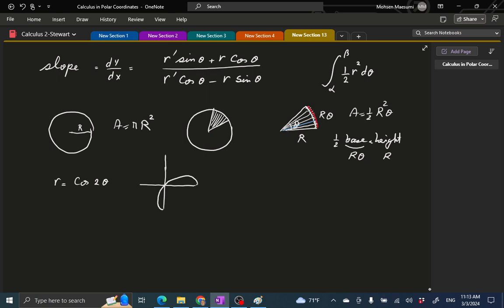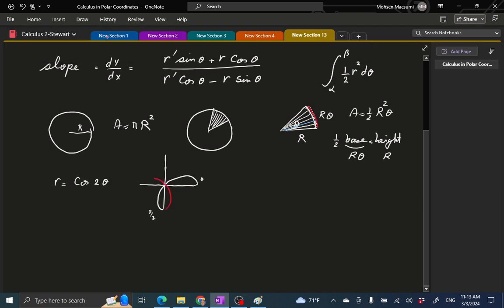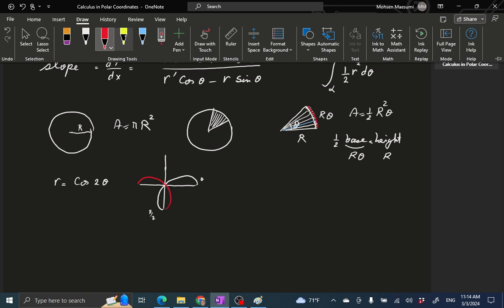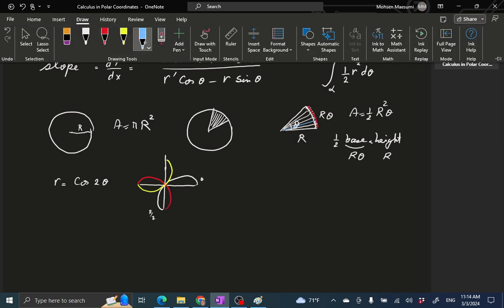So that was from 0 to pi over 2, and then we continued from pi over 2 to pi. There was another piece of this puzzle, and then from pi to 3 pi over 2 we had another piece, and then we had the final one from 3 pi over 2 to 2 pi.